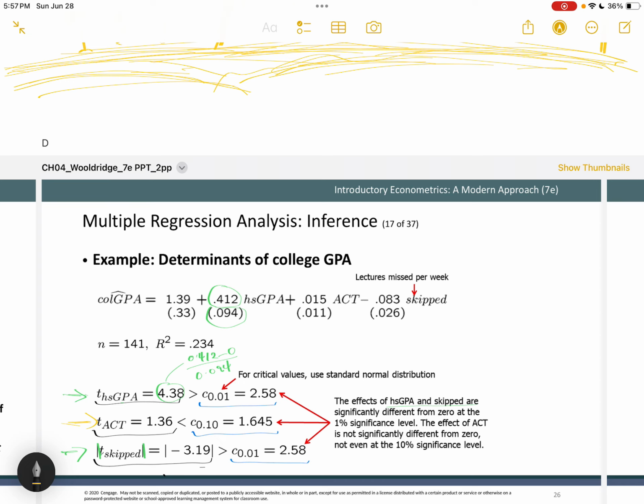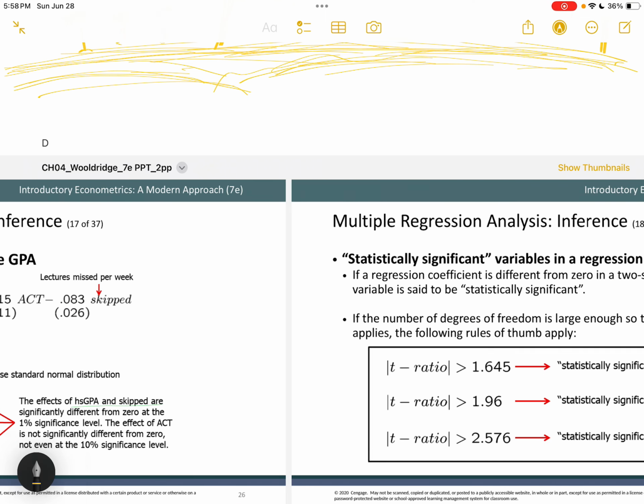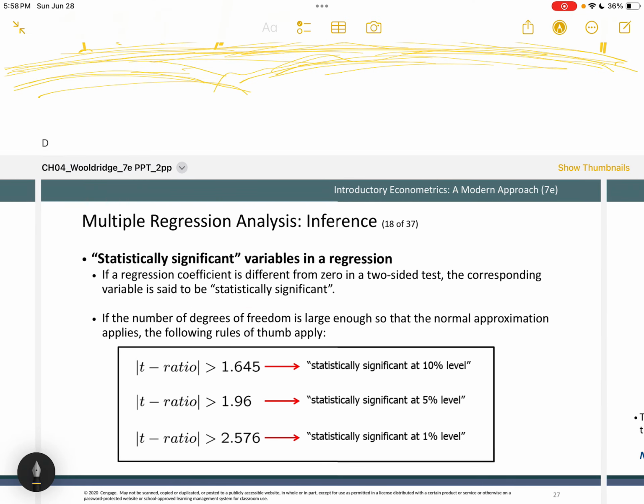And so for that one, the effect of ACT scores on college GPA was not statistically significantly different from 0. And that it wasn't at the 10% significance level.